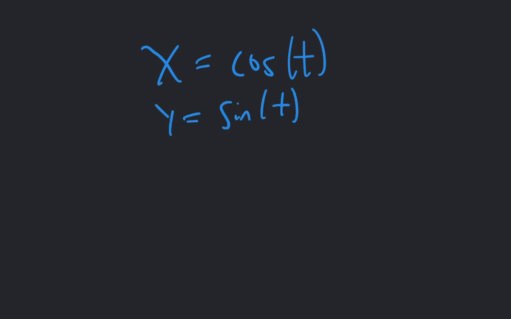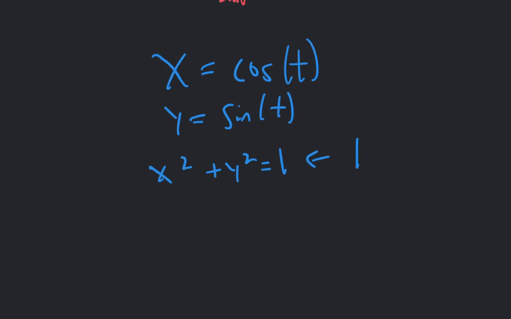We can now draw another plot. We can say, parametrically, x is equal to cosine of t, and y is equal to sine of t. A unit circle is x squared plus y squared equal to 1, unit meaning that it's only a length of 1.